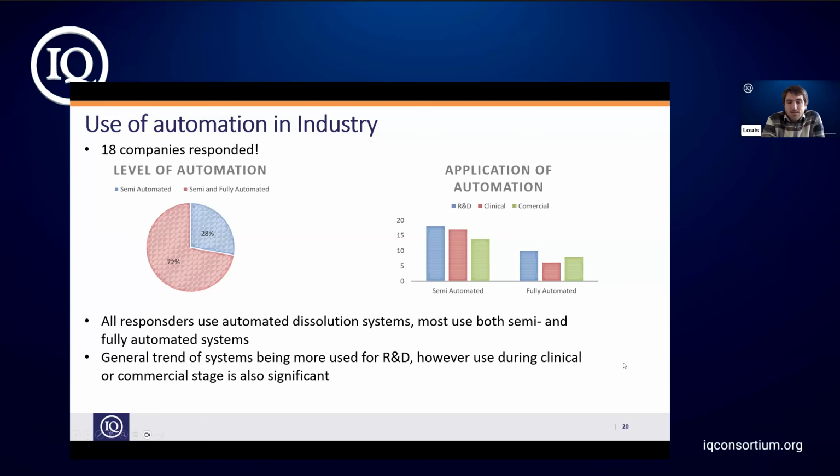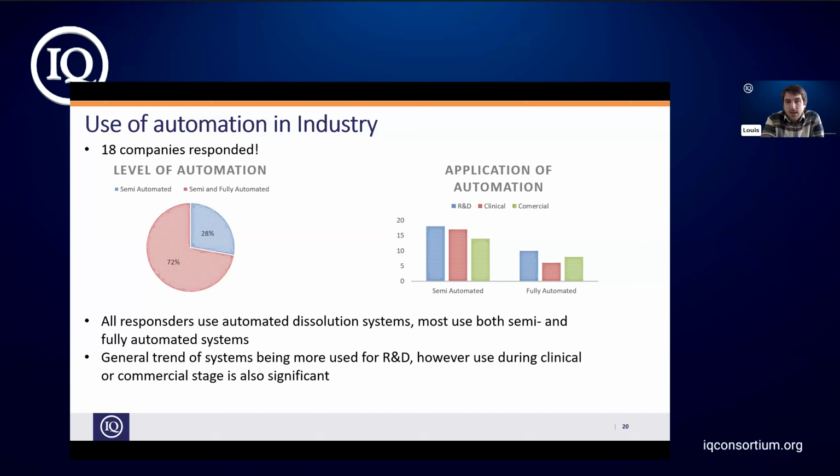When we look then at the level of automation people use, that's the left graph, we see that even the majority of companies responding that they use automated dissolution testing use both semi and fully automated systems, close to 3/4, and only 1/4 more or less uses only semi-automated systems, which was in a way kind of a positive surprise to us.